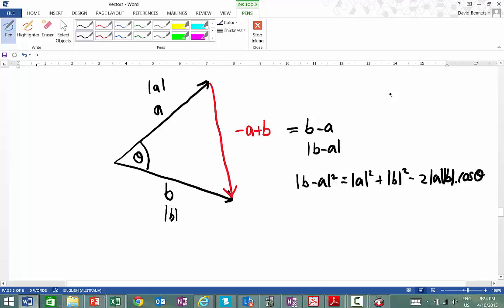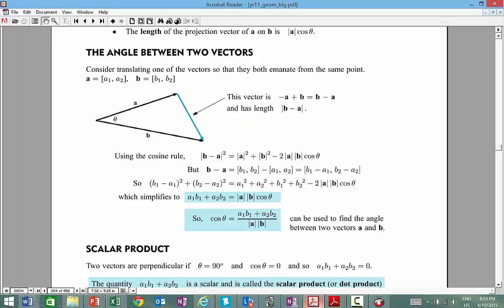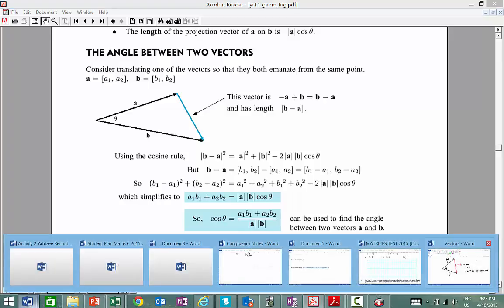Now, what we have basically worked out, if we follow our derivation from here, is that B take A works out to be simply this formula here. So when we do that particular derivation, we're going to end up with this formula here, which is a pretty simple one to remember.